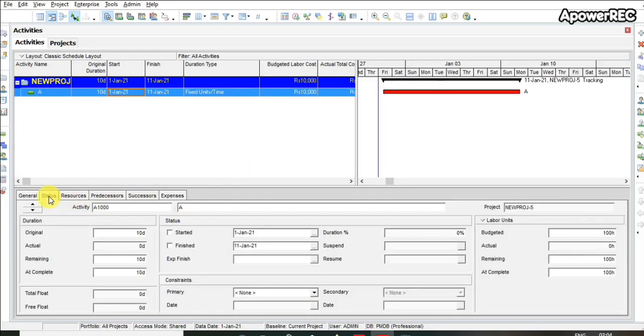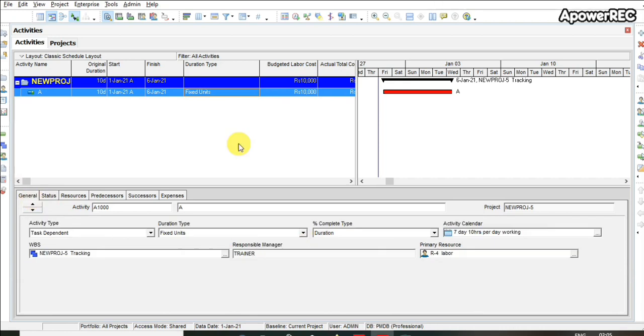Once we select the duration type, we go to the status and tick the started button. Then we feed the percentage complete on the basis of duration. Suppose 50% of the activity duration work is completed, so we will post 50%. Now you can see the remaining duration is the balance 50%, which is 5 days.